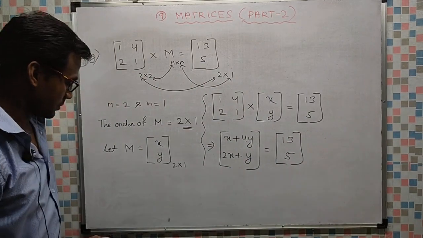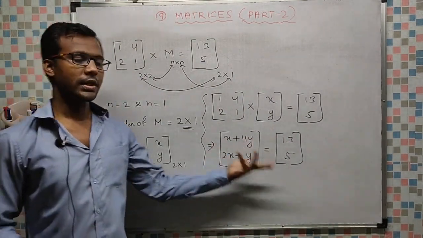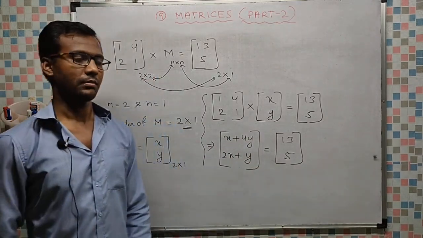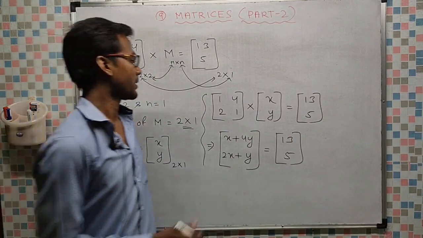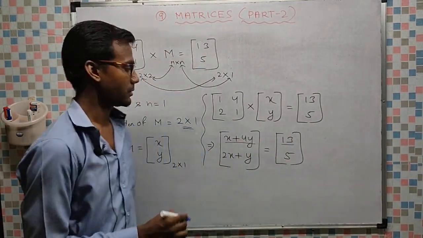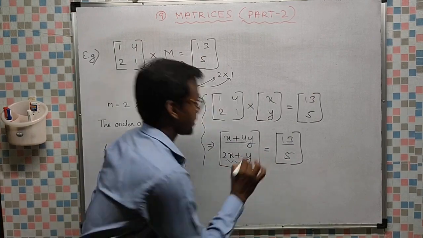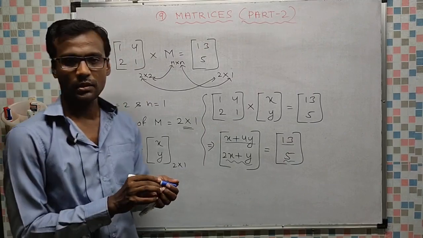These two matrices are equal, so the order is same and the corresponding elements will also be same. That means we can say that x plus 4y is equal to 13 and 2x plus y is equal to 5.